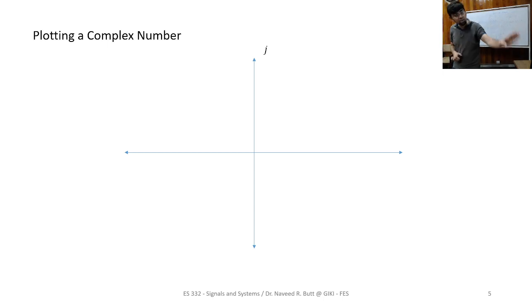A number falling on this line is purely imaginary. Its real part is not present there. 0. Yeah, 0 plus 3j. Whereas the number falling on the real line, its imaginary part is 0. Yes. And a number that has both of these, normally we call it a complex number. Yeah. Okay. So where do complex numbers fall?